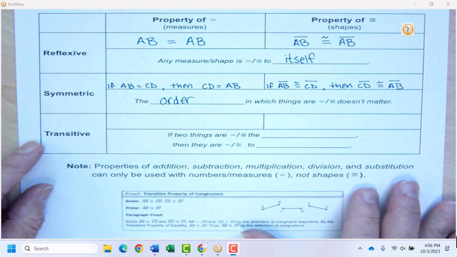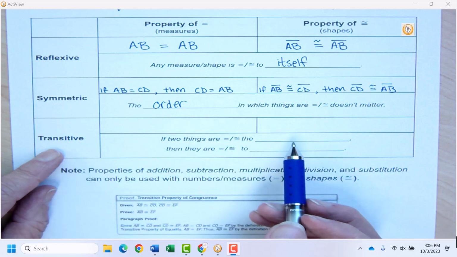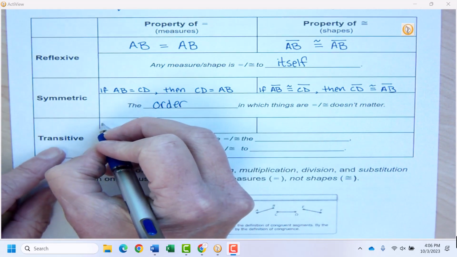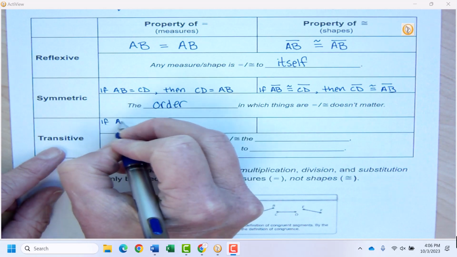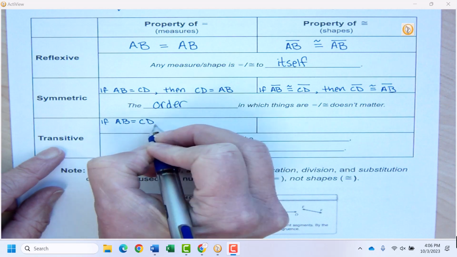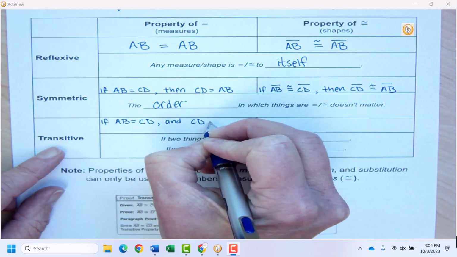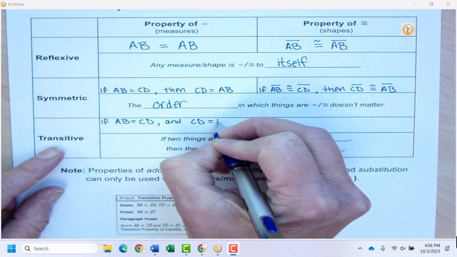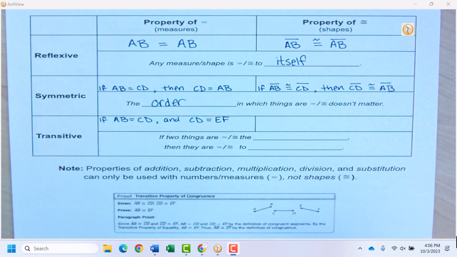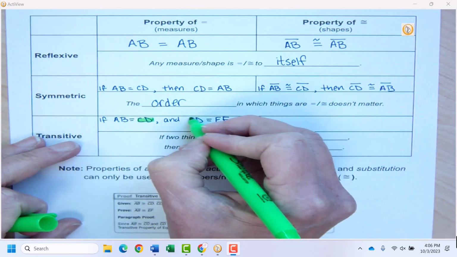And finally, we have a transitive property of equality and a transitive property of congruence. The transitive property of equality says that if the measure of segment AB is equal to the measure of segment CD, and the measure of segment CD is equal to the measure of segment EF, you'll notice that we have some connective tissue between these two equations.